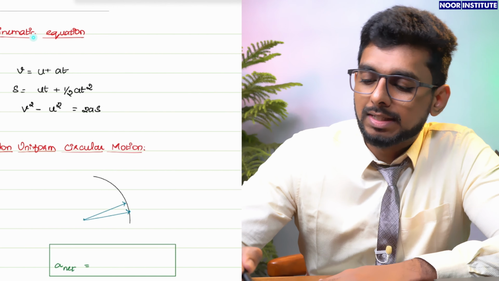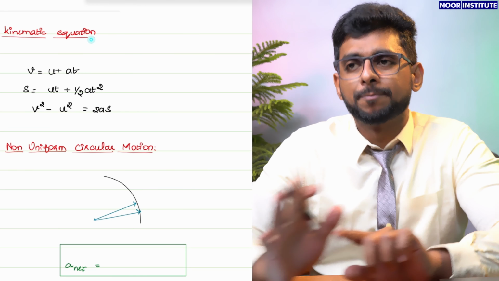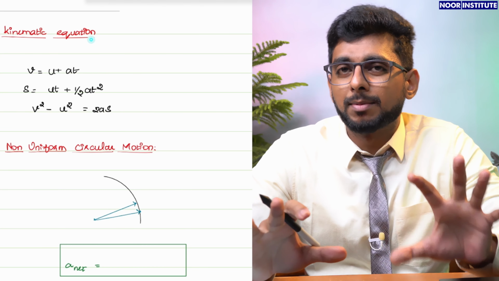Now we will see the kinematic equations for circular motion. Here I'll relate the kinematic equations that we have already learnt to the circular case. For circular motion, we'll consider angular acceleration to be alpha, and angular velocity to be omega.